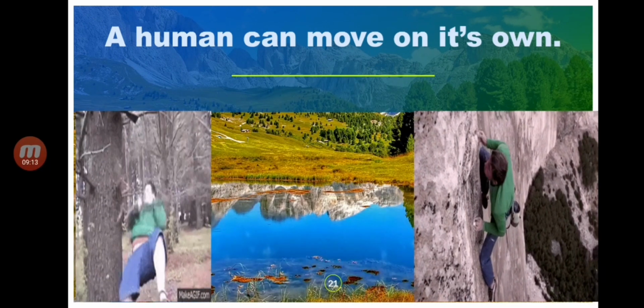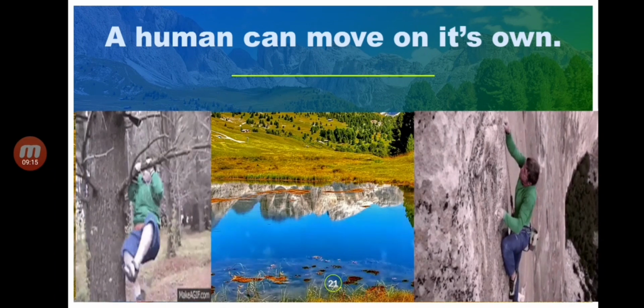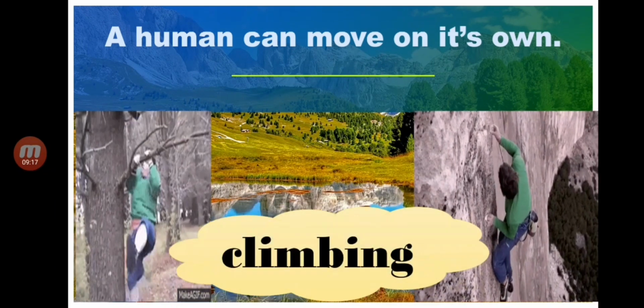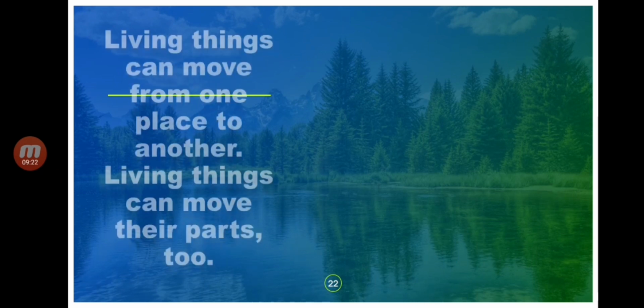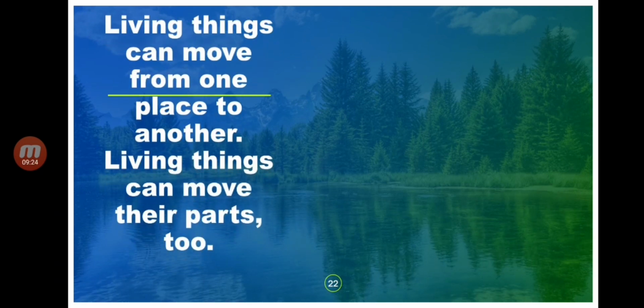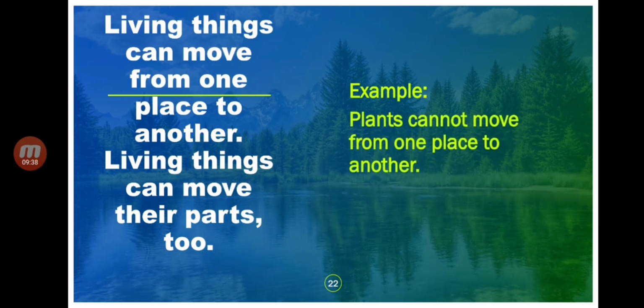Okay, a human can move on its own by what? By climbing. Very good. So, living things can move from one place to another, and living things can also move their parts, right? An example of this is a plant.